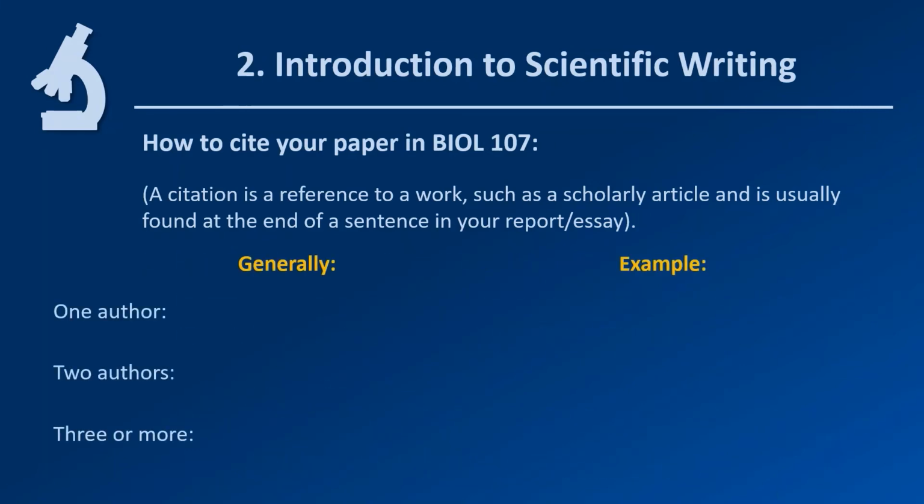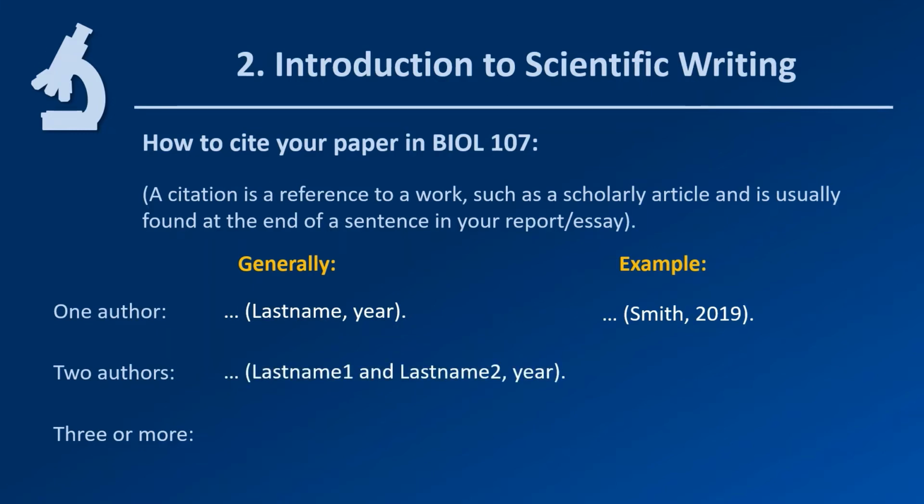So just in general, there is a system depending on how many authors are in the paper. If you have one author, it's basically last name, year. So the example there you can see is Smith, comma, 2019, and bracket, period. If you have two authors, you give both of their last names and the year. So I gave the example of Laguerre and Clark. Here's another example, Campbell and Lee, 2018.